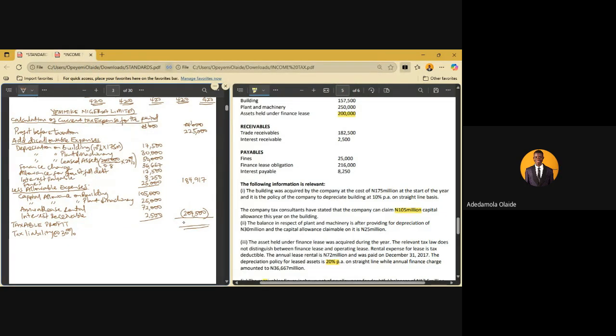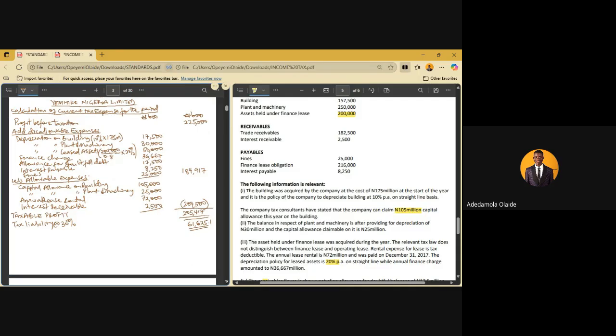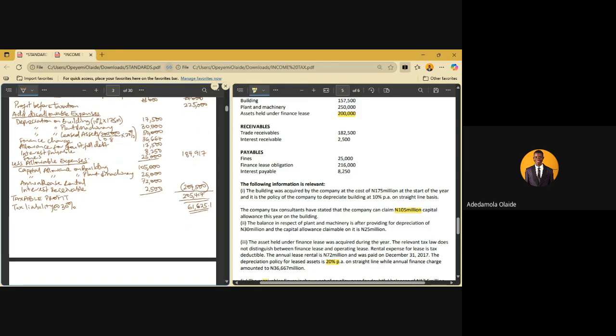That should give us 205,417, Abi. And the tax is 61,625.1. That's our current tax. Do we understand?